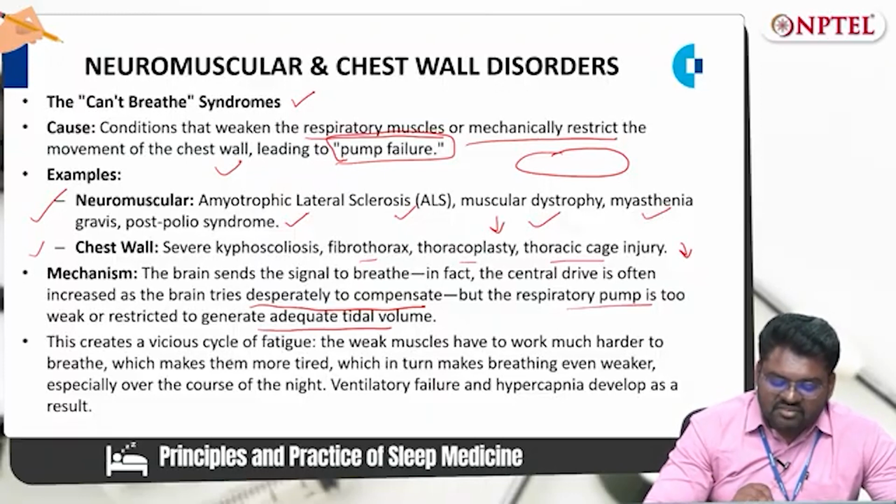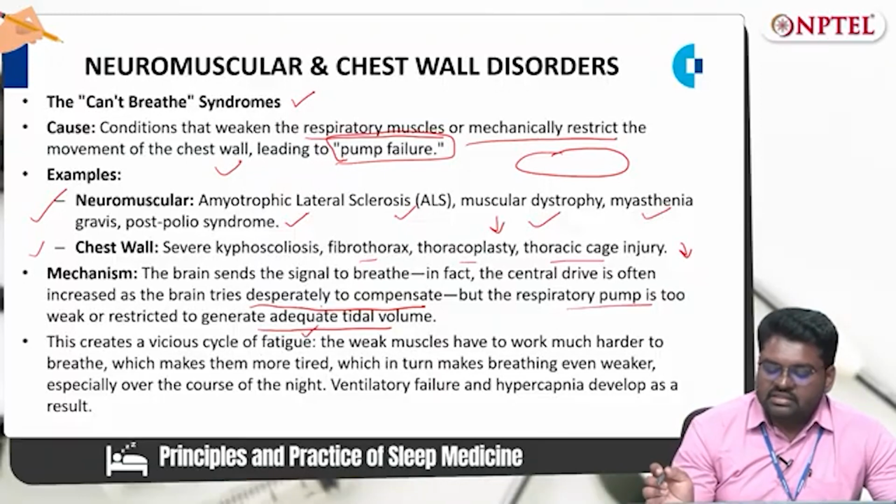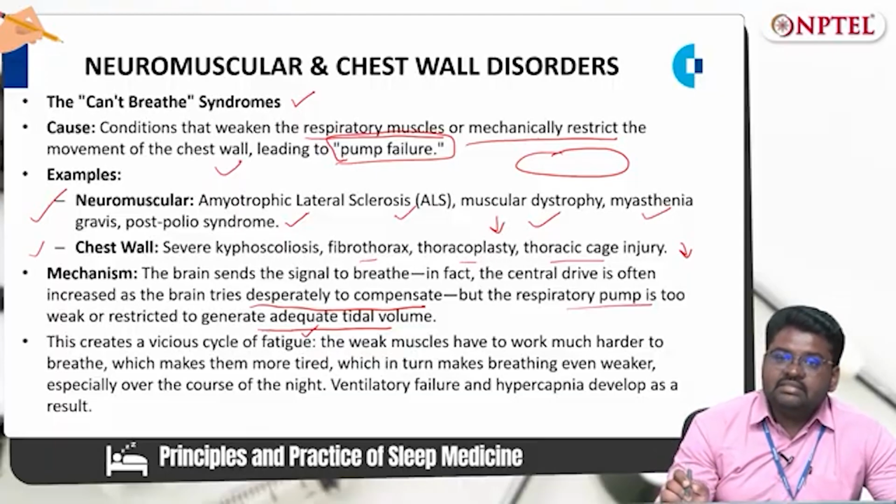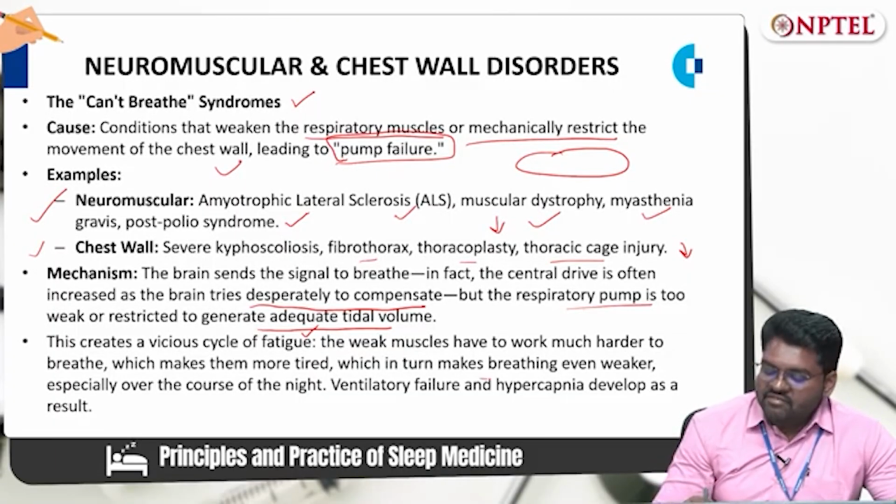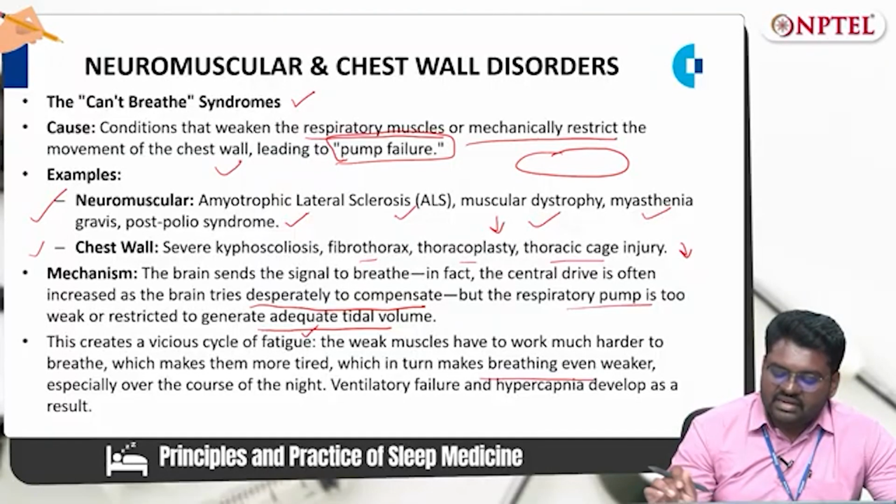This creates a vicious cycle of fatigue. The weak muscles have to work much harder to breathe, which makes them more tired, which in turn makes breathing even weaker. Especially over the course of the night, ventilatory failure and hypercapnia develop as a result of this condition.